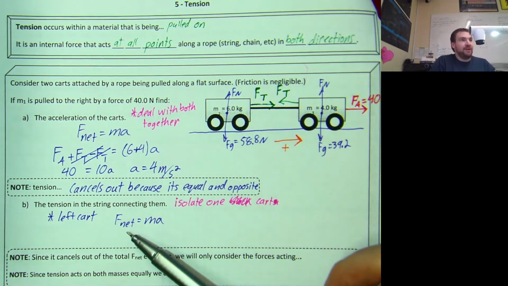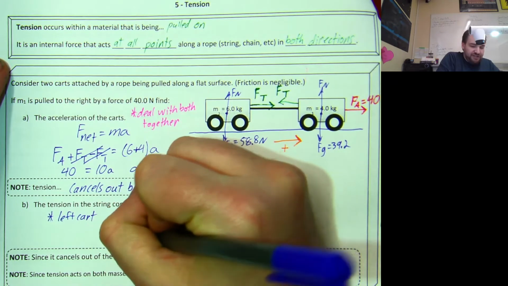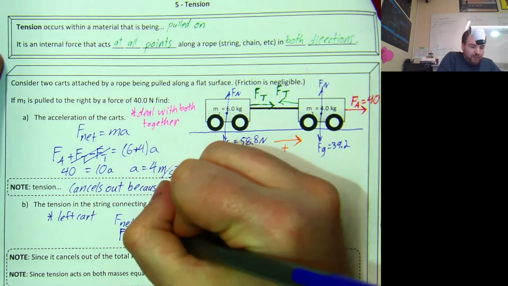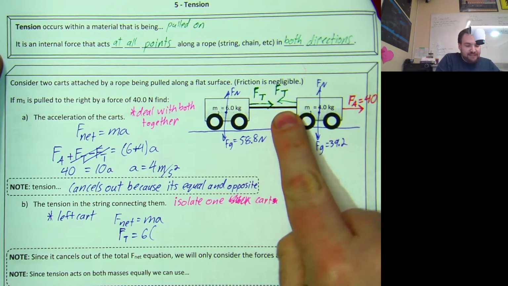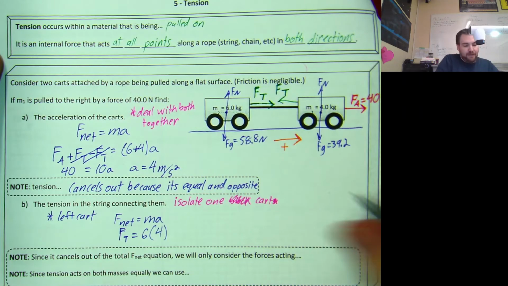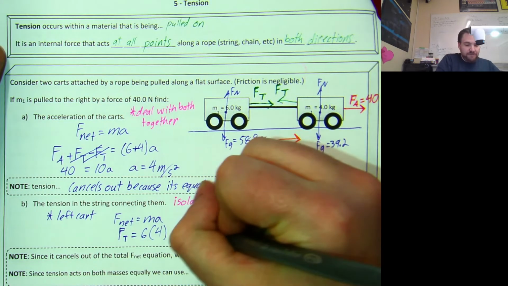So in our dynamic equation, the force of tension is going to equal the mass of just this cart, which is 6, times the acceleration, which we found to be 4. So then what is the tension between those two carts? It's going to be 24 newtons.